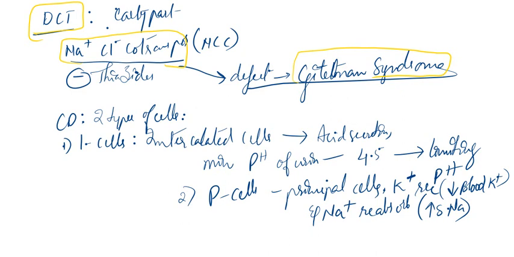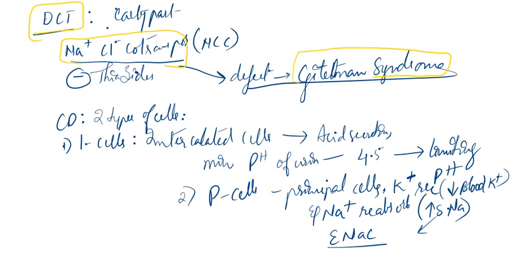That is important: ENaC, the epithelial sodium channel. They increase potassium secretion, by which they decrease the blood potassium.